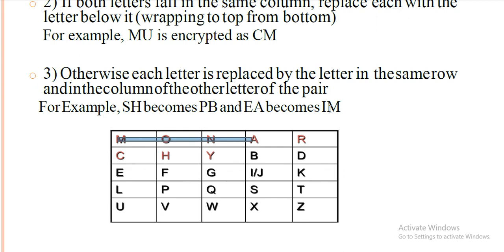The second alphabet's row is considered, and the first alphabet's column is considered, and whichever intersection point you find, that replaces the second alphabet of the pair, right, and you get the entire plain text converted to cipher text, right.